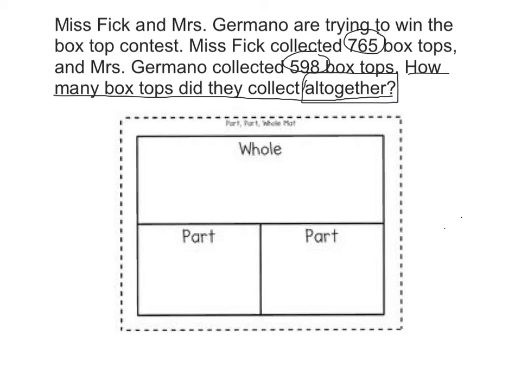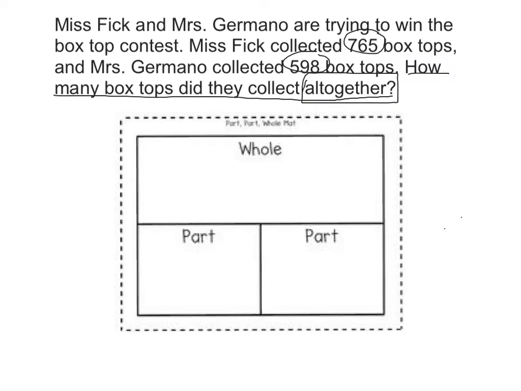So I know that Miss Fick has some box tops, and Mrs. Germano also has some box tops, and we want to know what happens when we put them together. So it sounds like I am finding an exact answer because it doesn't say about or approximately, it just says altogether. So I know that I'm going to be finding an exact answer.